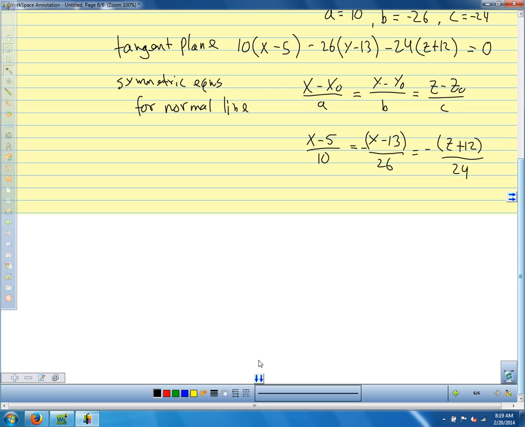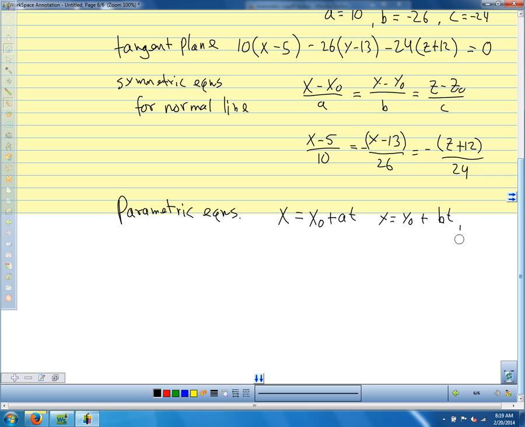How would we write it if the problem asks us for parametric equations of the normal line? What would we do? Do we remember? What's the form of the parametric equation? x equals x0 plus at. y equals y0 plus bt.